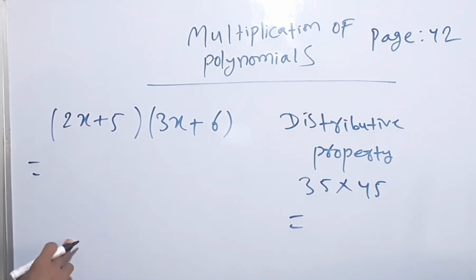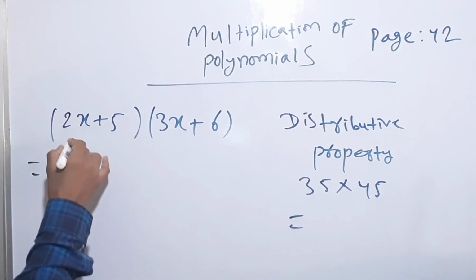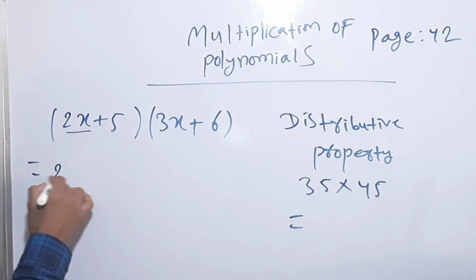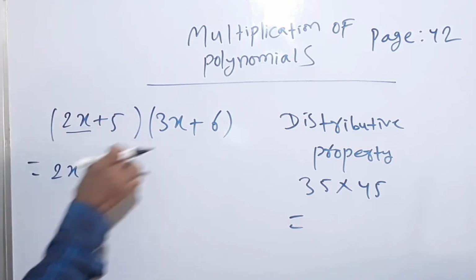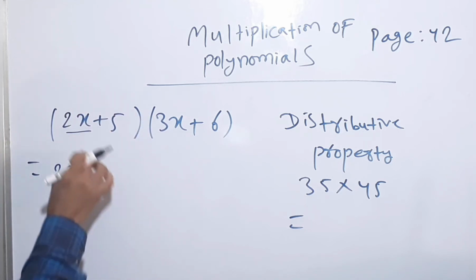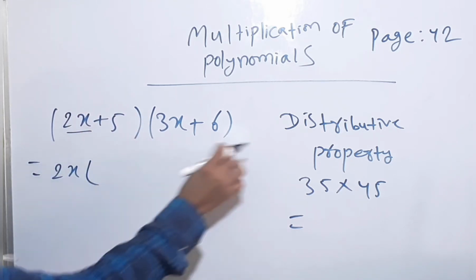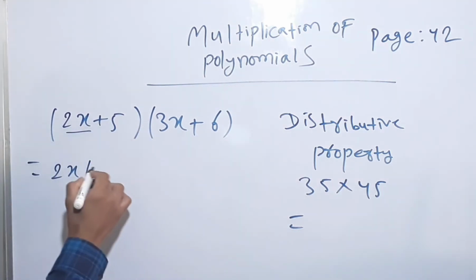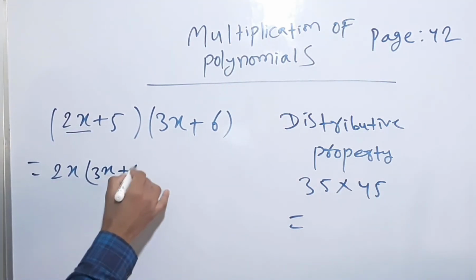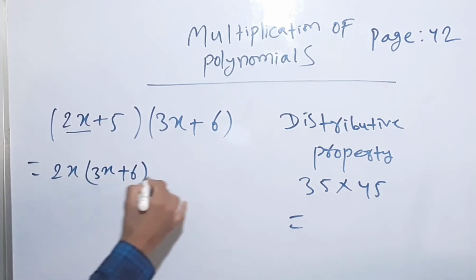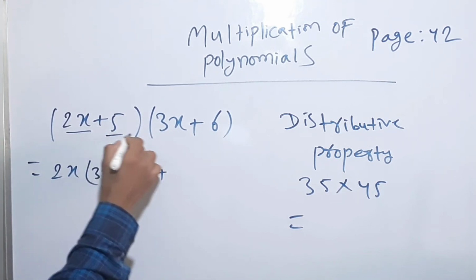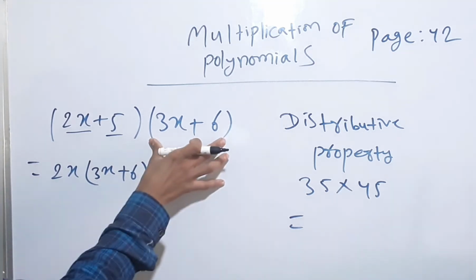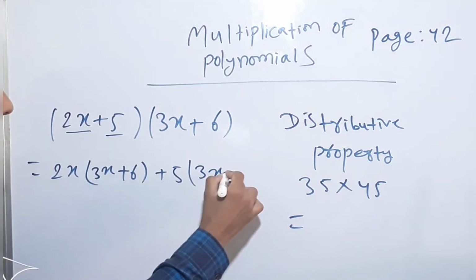You have to distribute the first term, 2x, of the first expression into this whole term, 2x times 3x plus 6. Then plus 5, which should be distributed into this whole 3x plus 6.